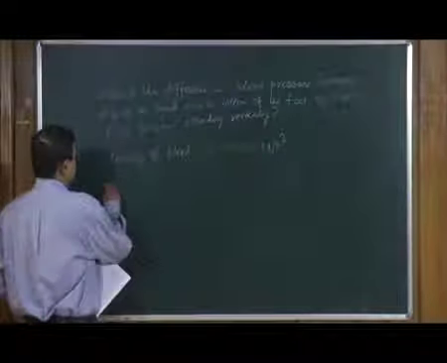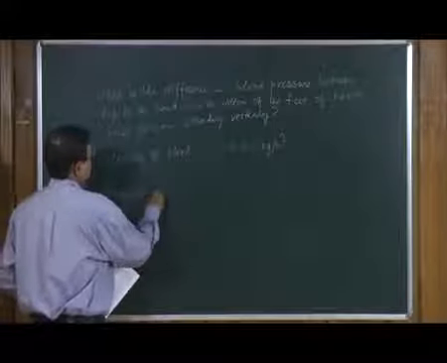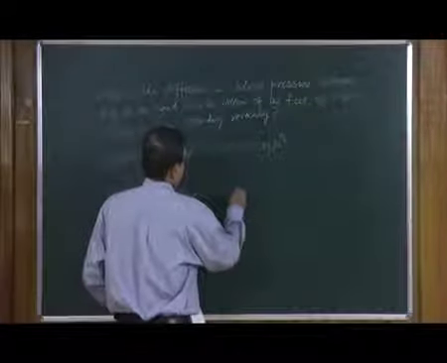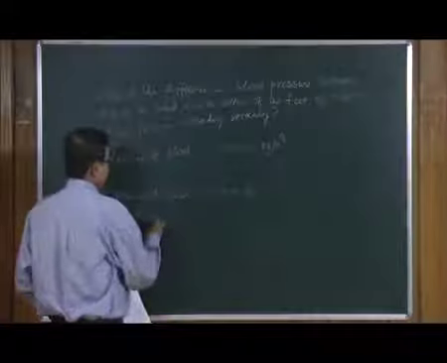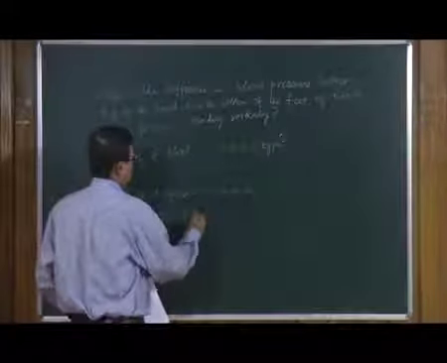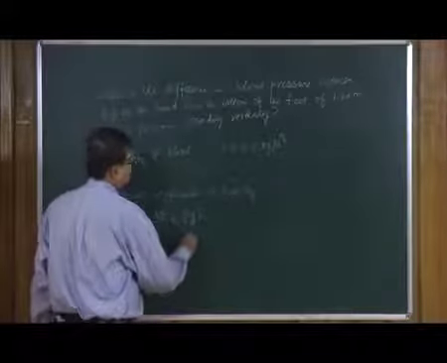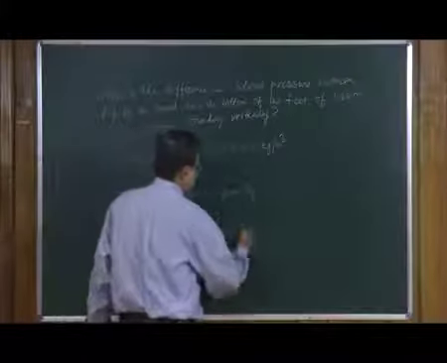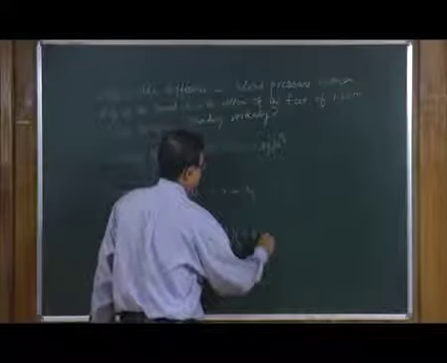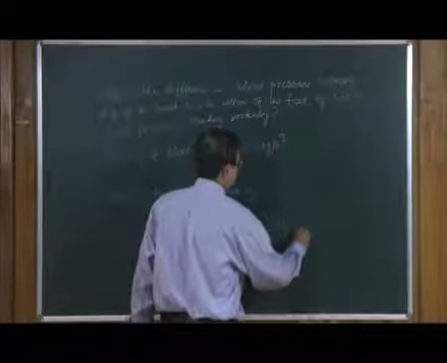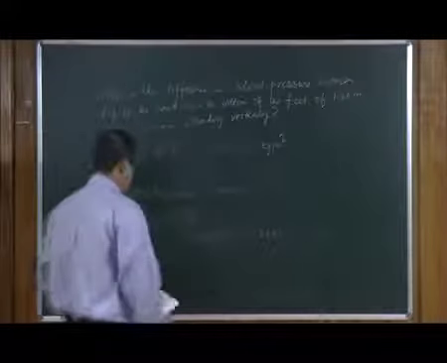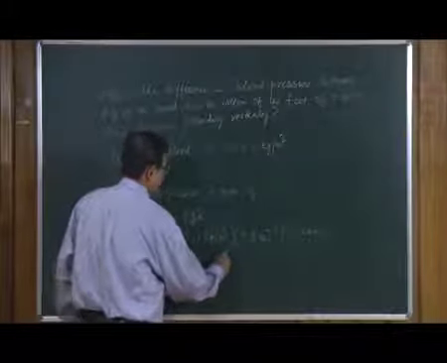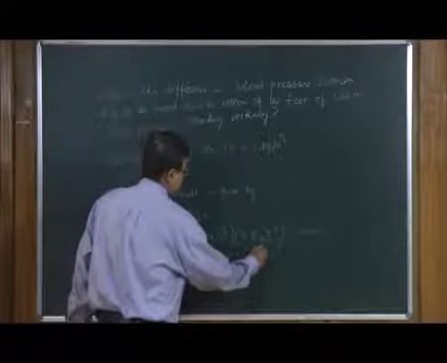So, again the pressure difference is given by delta P equal to rho g H. Rho for blood is given as 1060 kg per meter cube, with g to be 9.8 meter per second square multiplied by 1.60 meter, and this comes out as 16620.8 Newton per meter square.